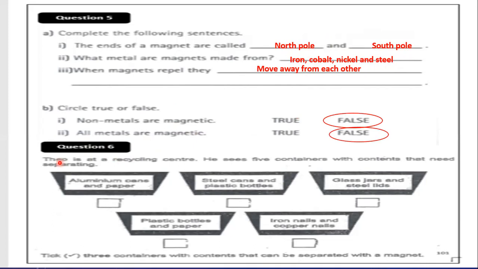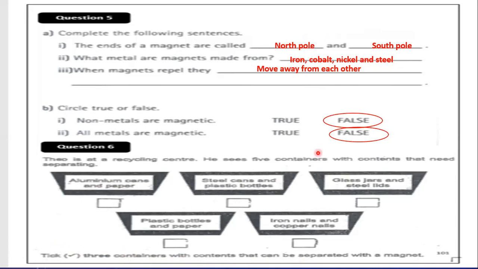Question 6 says, Theo is at a recycling center. He sees 5 containers with contents that need separating. So he has here like 5 piles of stuff that need to be separated in order to recycle them. And the question is, pick 3 containers with contents that can be separated with a magnet.